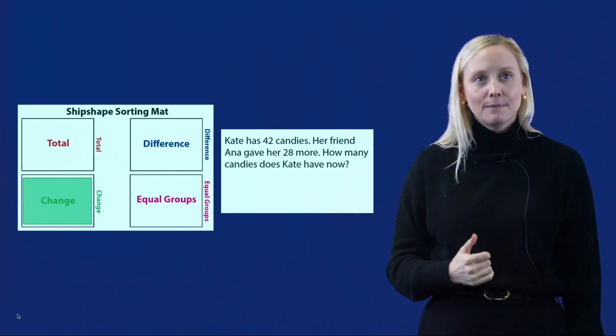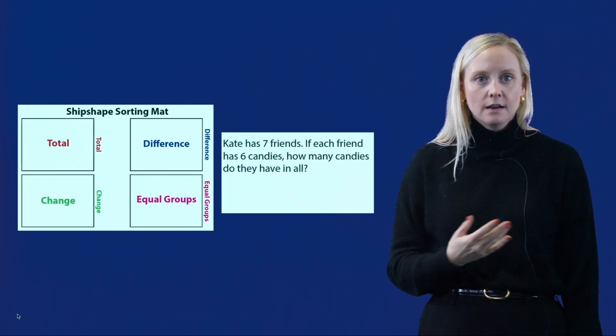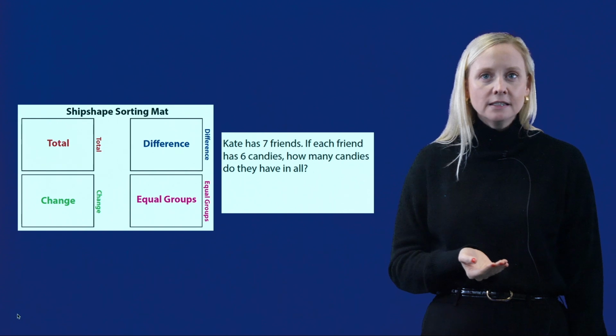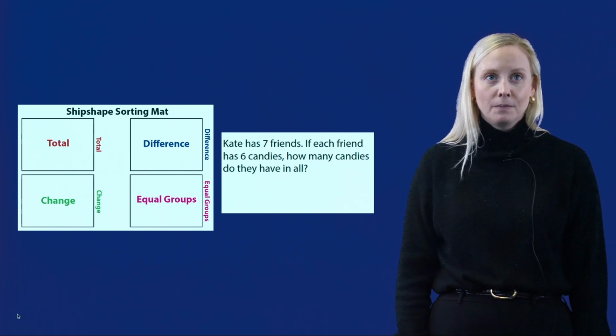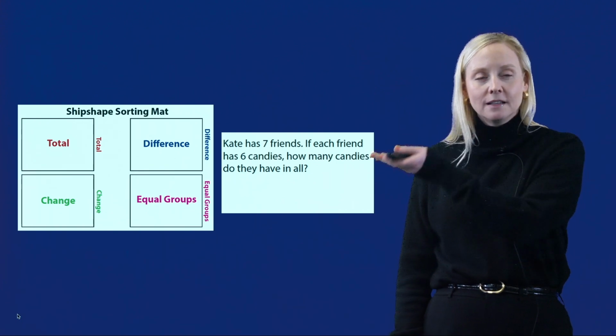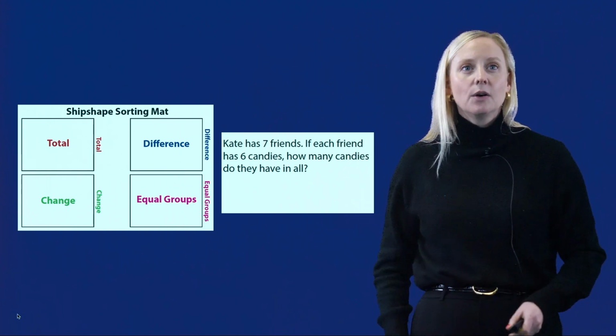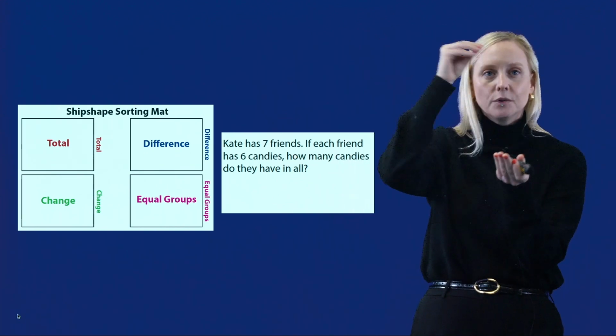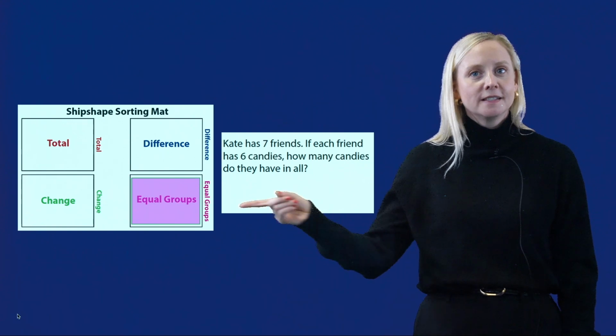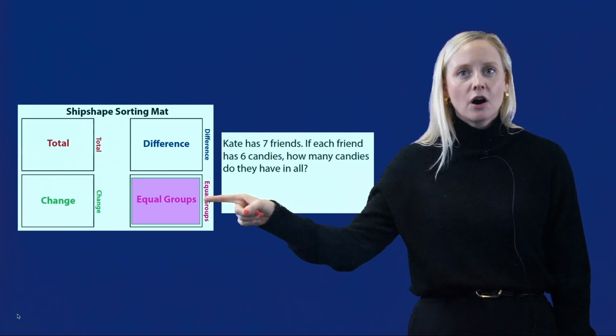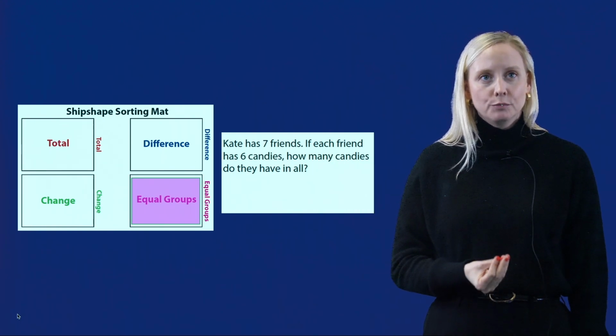Let's look at a last example with the same word problem story. This says Kate has 7 friends. If each friend has 6 candies, how many candies do they have in all? Here I know I have groups. These are the 7 friends. Each friend has 6 candies. So here I know I have groups with an equal number in each group. I know this is an equal group schema, so the card would be put on the equal groups box.